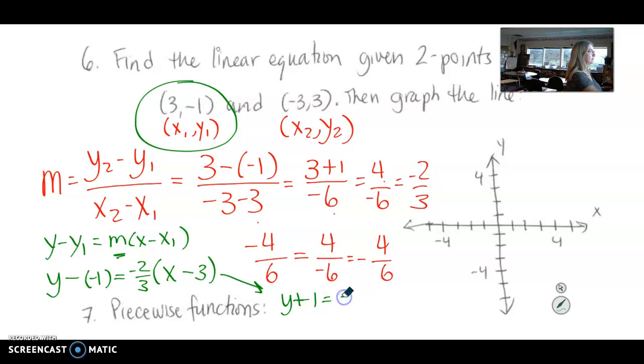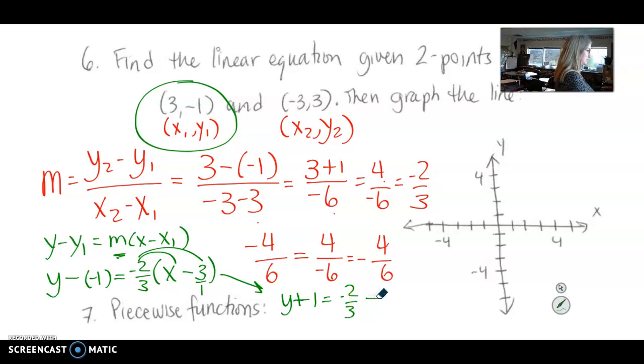And then you can distribute this, because we're going to graph this. We don't even need to do this, but if you wanted to put it in slope-intercept form, I could distribute this, negative 2/3 times negative 3. A negative times a negative makes it a positive, and 2/3 times 3 becomes plus 2.